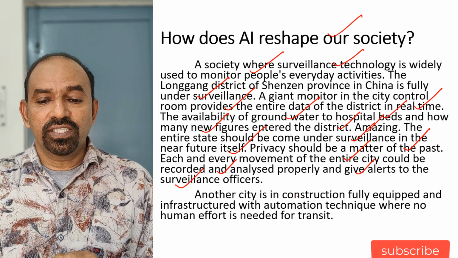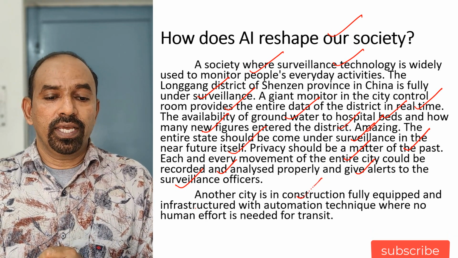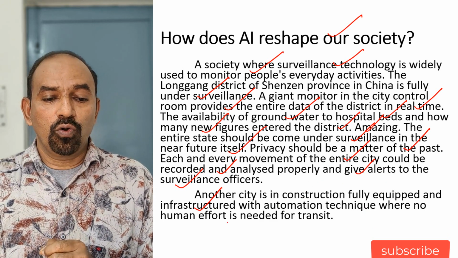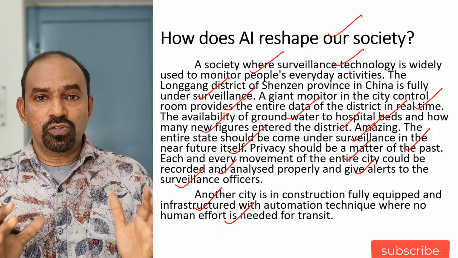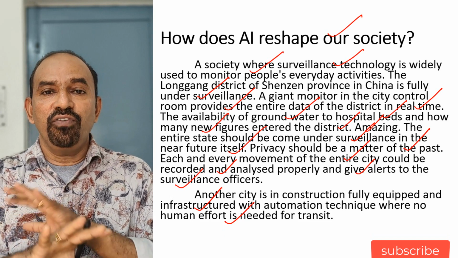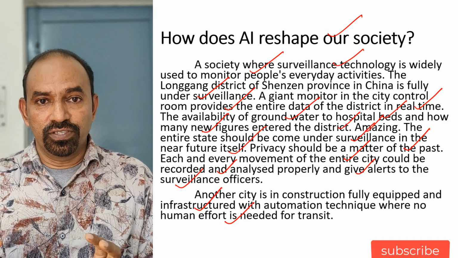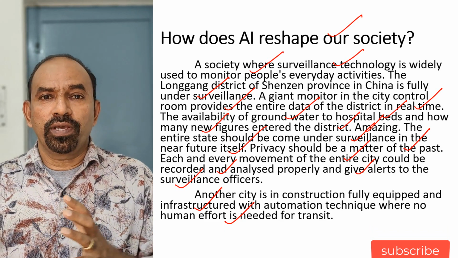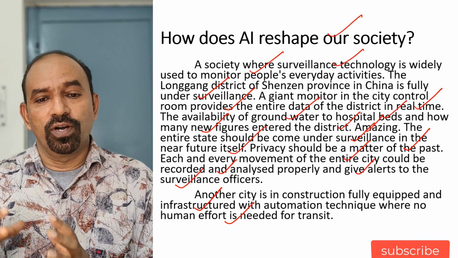Another city is under construction, fully equipped with automation infrastructure, where no human effort is needed for transit. China is also planning to build a new city where everything will be done by AI-supported machines. Housing, transportation and shopping, everything will be done by machines only.